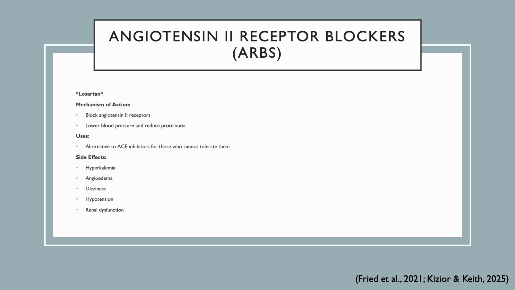They provide similar benefits in terms of slowing CKD progression and managing hypertension. Side effects are also pretty similar to ACE inhibitors, including hyperkalemia, angioedema, dizziness, hypotension, and potential renal dysfunction. Monitoring the kidney function and electrolytes is important.